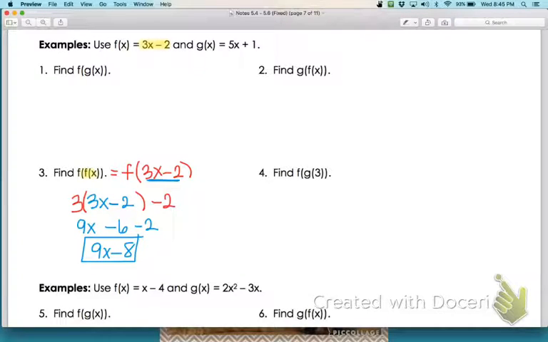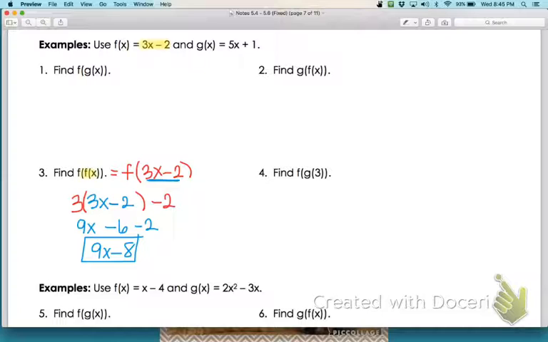Now, the last thing is you'll notice on number 4, this one is a little bit different because we're not doing f of g of x, we're doing f of g of a value. So this time we want f of g of 3. And we could do this one of 2 ways. We could take what we got for number 1, because that's f of g of x, and we could just plug 3 into that.